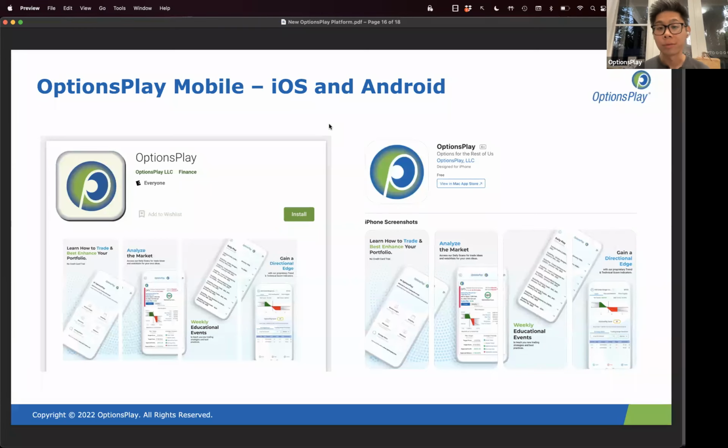We're now launching Portfolio inside of the mobile platform, so there's a lot of stuff coming along. You can use a basic strategy editor, and we are continuously adding new features into the mobile platform. This is now all available to you as part of your 30-day access to not only the desktop, but also our iOS and Android platform.